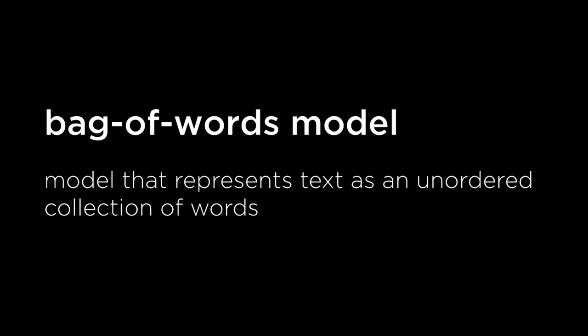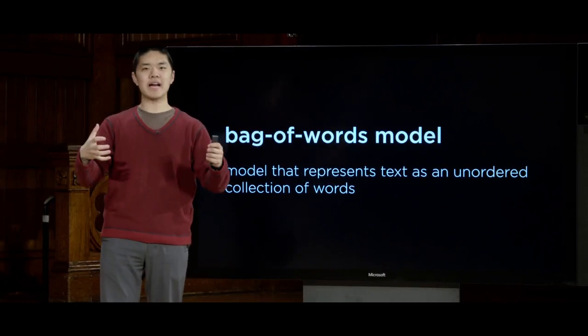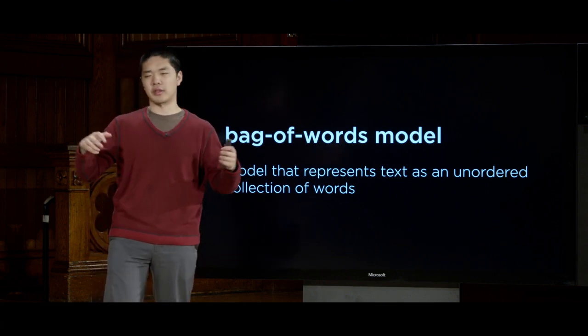And this sort of model, this approach to trying to think about language, is generally known as the bag of words model, where we're going to model a sample of text not by caring about its structure, but just by caring about the unordered collection of words that show up inside of a sample. That all we care about is what words are in the text, and we don't care about what the order of those words is. We don't care about the structure of the words.